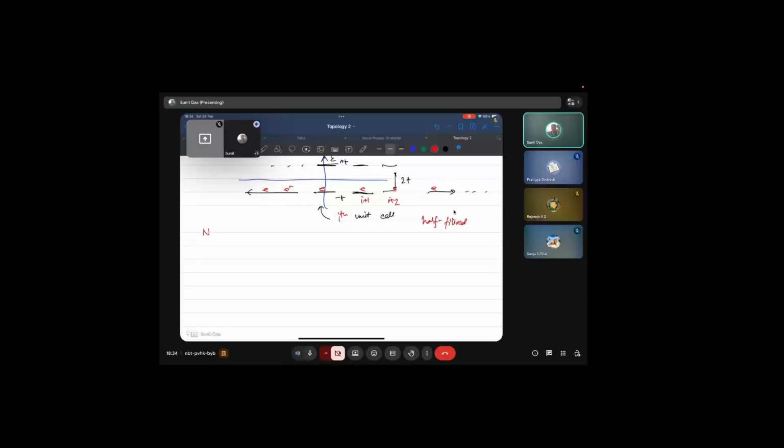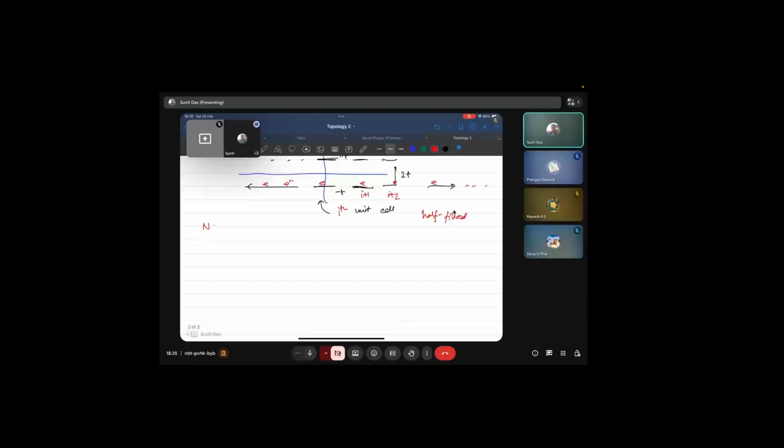So let's say the total number of unit cells is n, and n can go to infinity. So that means there are n number of electrons, right? N number of electrons are there.